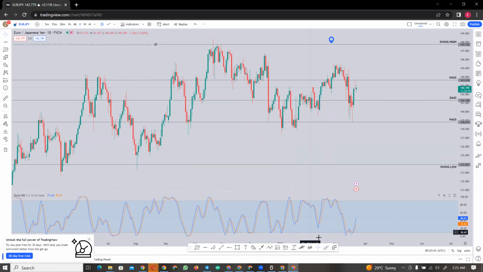So even if you want to mark this one by one, this is the market. In case you don't understand what I marked about the market structure, this is our last lower high, and this is higher high. So market is within these two swings.